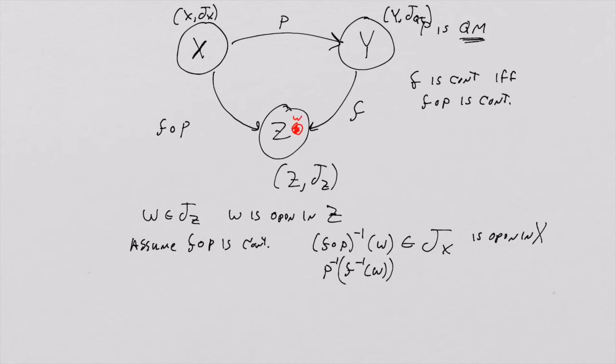That's W. So that's my little open set in Z. So f after p takes points in X, runs p, and then runs f. So f after p inverse runs f inverse, then runs p inverse. And that's what this is. It runs f inverse, and then it runs p inverse.